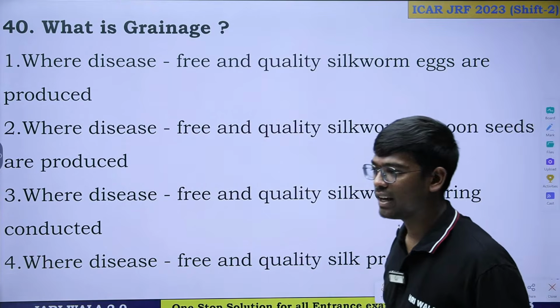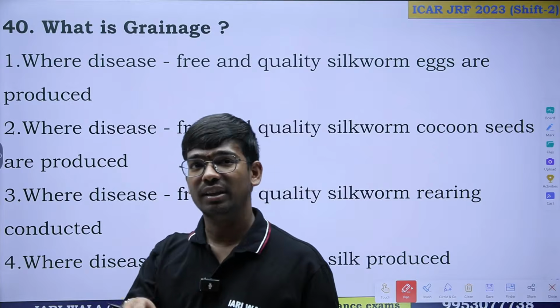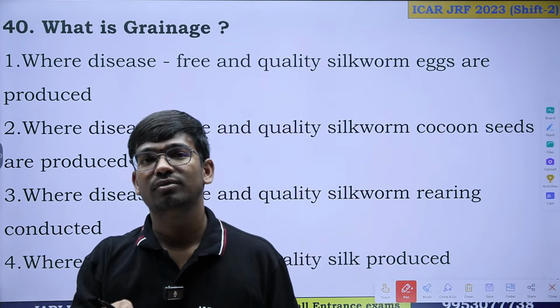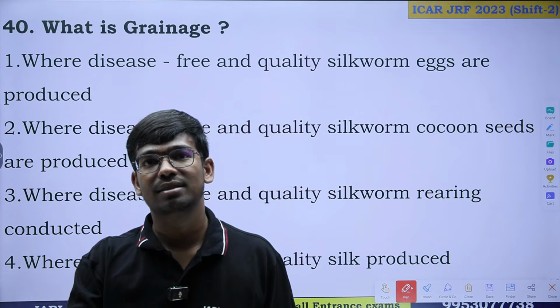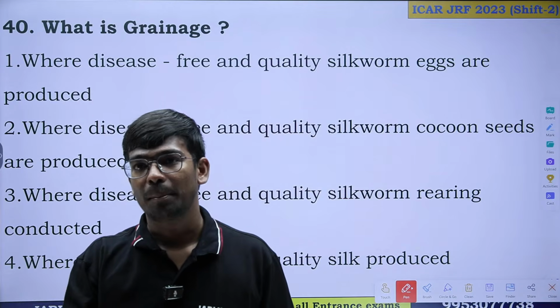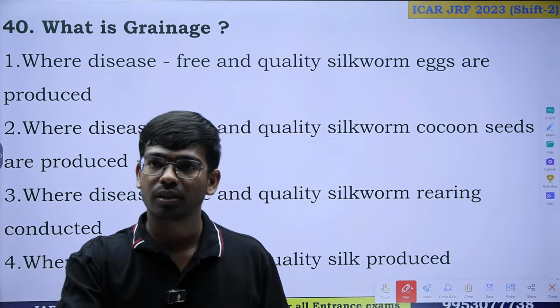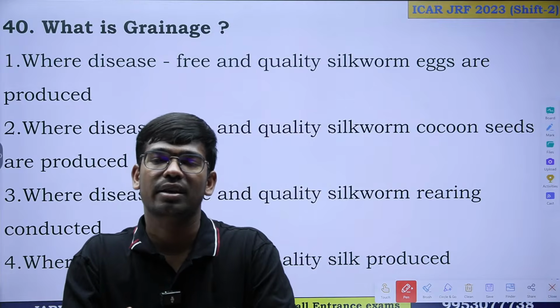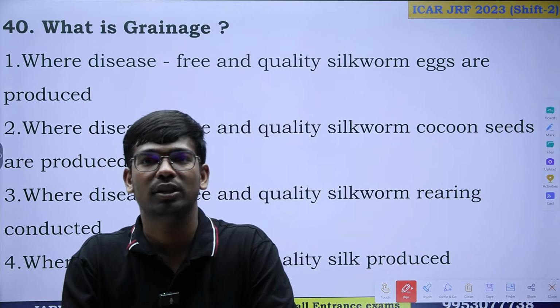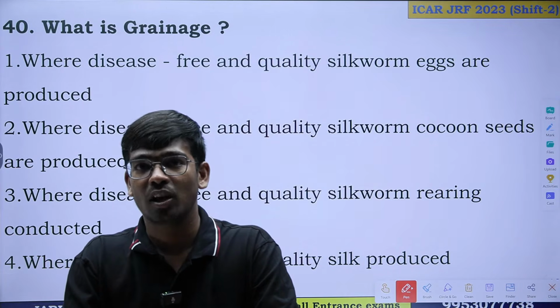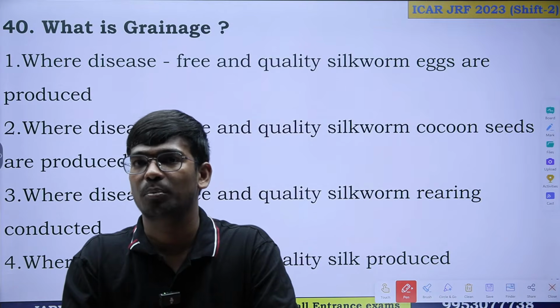As I said earlier, the grainage definition itself tells that: the place where disease-free and quality silkworm eggs are produced. But the grainage place also includes other operations such as sex separation, moth rearing and moth emergence. So it also includes the cocoon production.